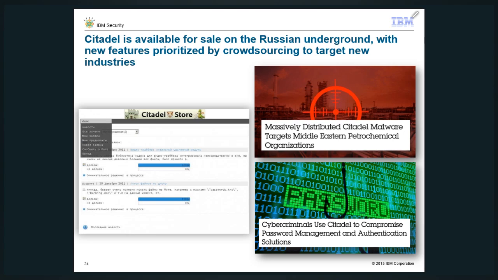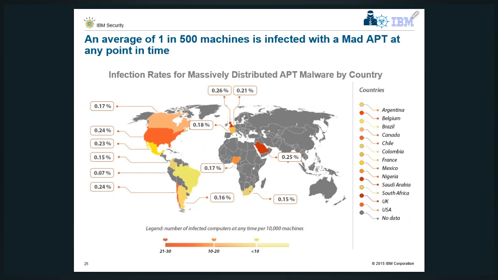You could open up the CD drive on your machine, if you've got one anymore. So it could do all kinds of crazy stuff. And the Zeus developers, who are still out there and operational, decided they were going to make theirs more general purpose. So they're catching up with Citadel now. There's almost an arms race out there in cybercrime. Citadel is a Swiss Army knife of malware tools. So it's kind of interesting.